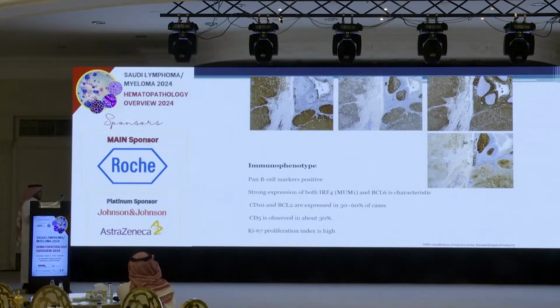So if you have diffuse large B-cell lymphoma morphology in a young patient, pediatric or young adult, and it shows strong positivity for BCL6 and MUM1, think of large B-cell lymphoma with IRF4 gene rearrangement. It also shows CD10 expression. Sometimes CD5 is expressed in around 30% of the cases, and Ki67 is usually high in those patients.